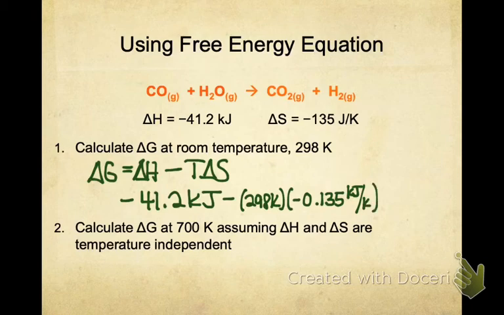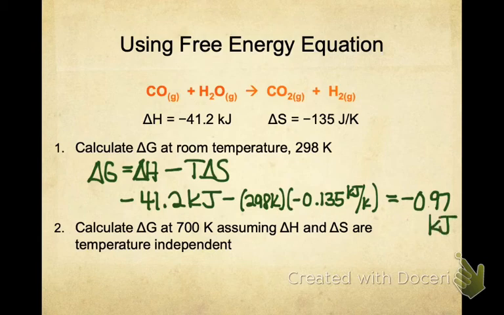I made that conversion to kilojoules because I need my units to be the same. So I changed the joules to kilojoules by dividing by 1,000. I need kilojoules so that I can subtract my two values. So when I do this math, I end up with negative 0.97 kilojoules.